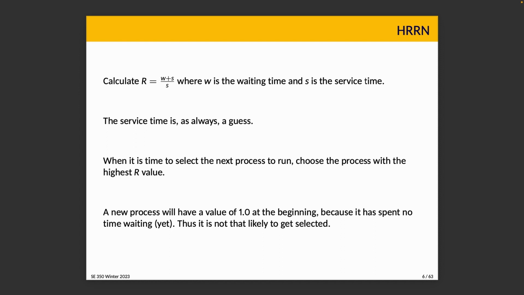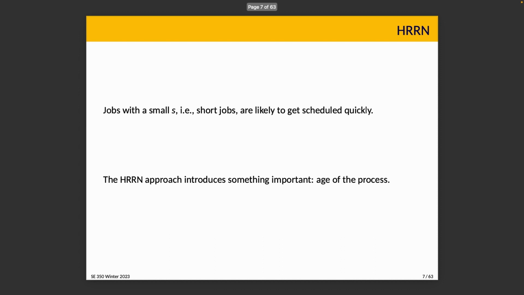A new process has a value of 1.0 at the beginning because it spent no time waiting, and therefore it may not be very likely to be selected. That depends on what's happening in your system, of course. Jobs that are short, that is, they have a small value of S, are likely to get scheduled quickly. But things that are much larger might not get scheduled quickly, depending on how much they wait.